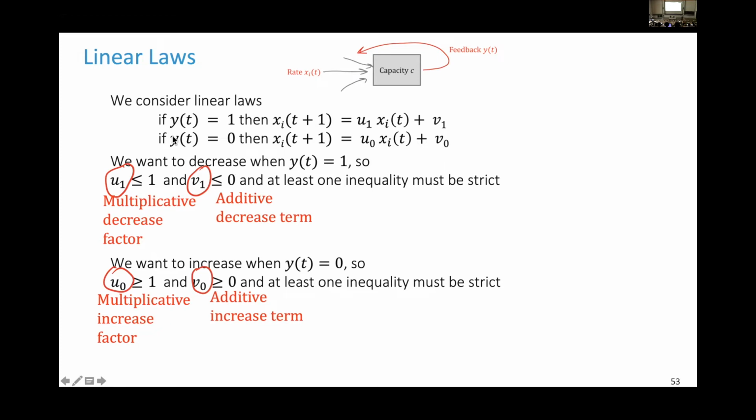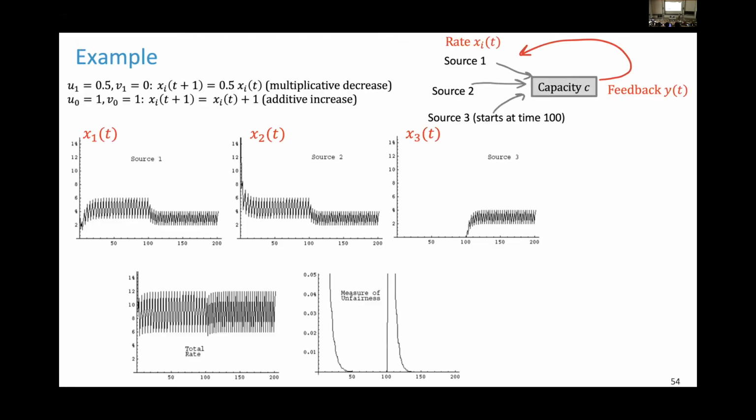Same thing, if I receive a positive feedback, I should increase my rate in the next decision time, where I use the previous value to do the change. So I take 2 other coefficients, which are larger than 1, and the additive increase term is positive. Well, we have 4 coefficients to decide on.